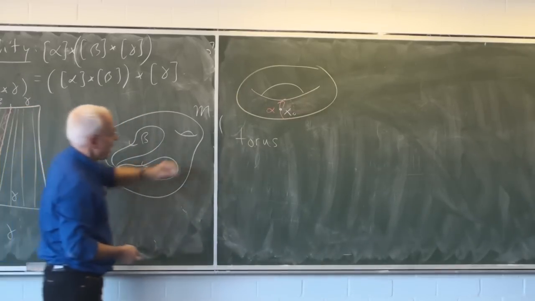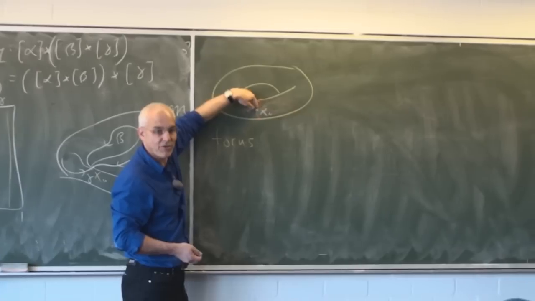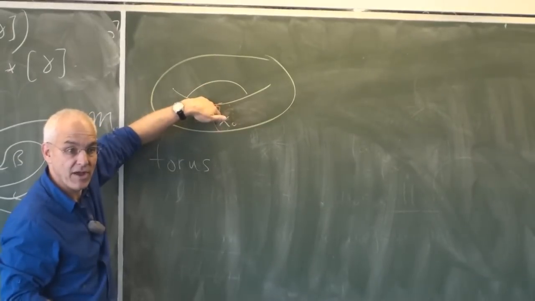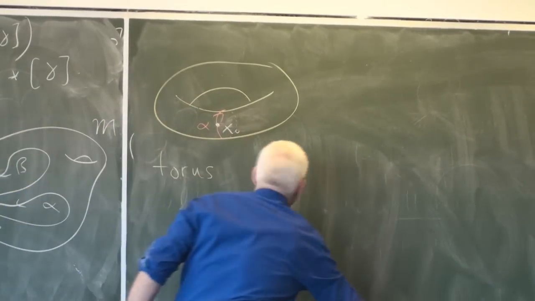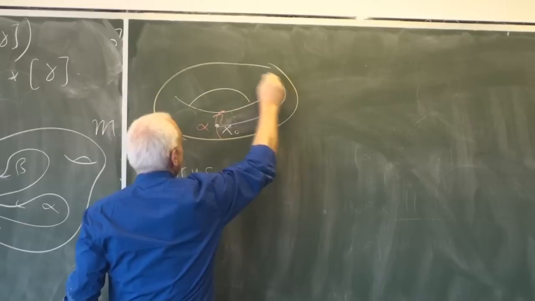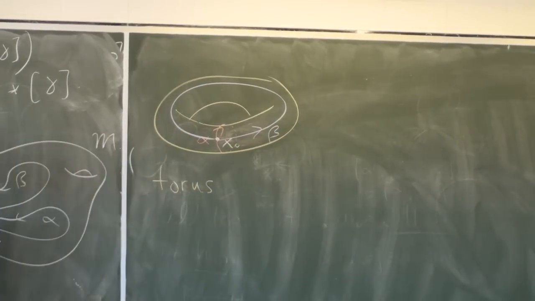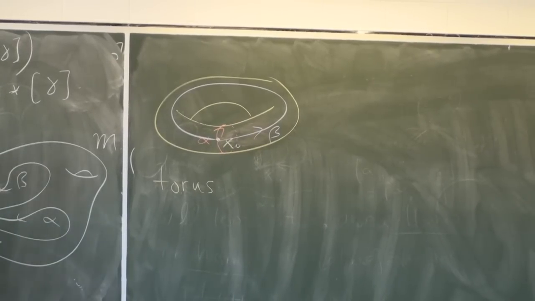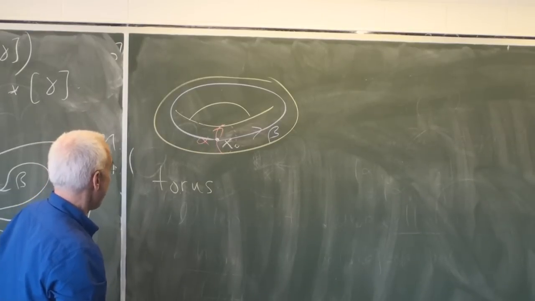In fact, you could now take powers of alpha. So if that was alpha, you could go alpha squared would be twice around, or alpha cubed would be going 3 times around, or alpha inverse would be once around the other side. But what makes this more interesting than the circle is that you can also go around in this direction. That's another loop, which we could call beta. And that's also a non-trivial loop, but it's different from alpha in some important way.